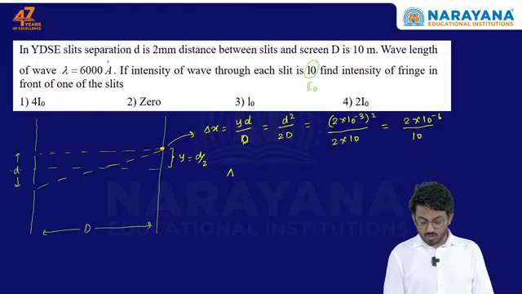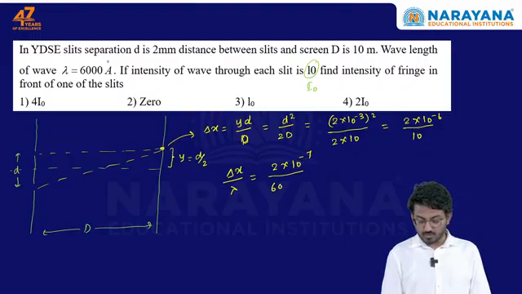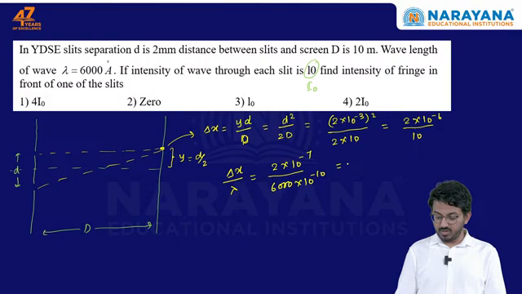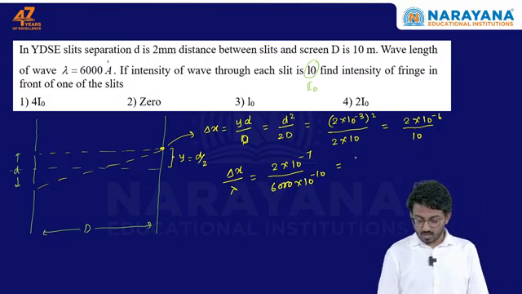So delta x divided by lambda is equal to, we have this as 2 into 10 raised to the power minus 7, and the wavelength is given to be 6000 angstrom, meaning 6 into 10 raised to the power minus 7. So this here comes out to be 1 by 3. Finally, we have delta x is equal to lambda by 3.